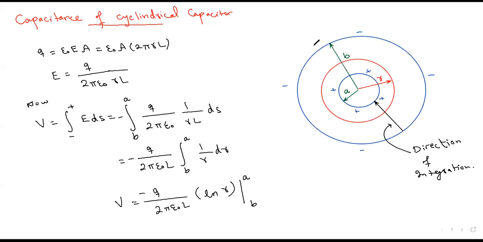Okay, now in the same fashion we can also calculate the capacitance of a spherical capacitor. And interestingly, this calculation will remain the same. Only we have to change the area element in the calculation of the cylindrical capacitor. Now you can see that this diagram can also serve the purpose of a three-dimensional sphere.